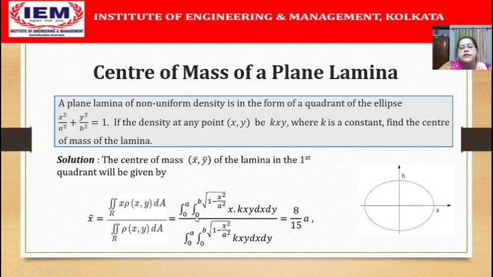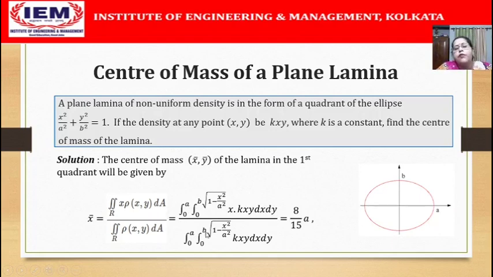We have the inner integral from 0 to b root over 1 minus x square by a square, and in place of rho xy we put kxy. This will first be integrated with respect to y, and then we will integrate with respect to x from 0 to a. Similarly, we get the denominator, where rho xy is kxy, dx dy, with these limits of y and these limits of x.